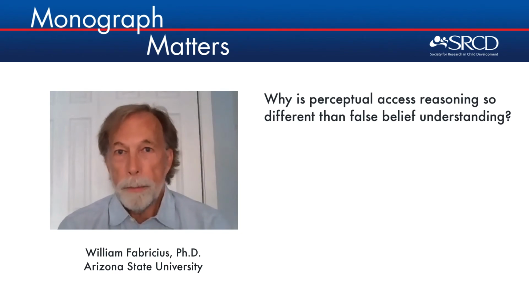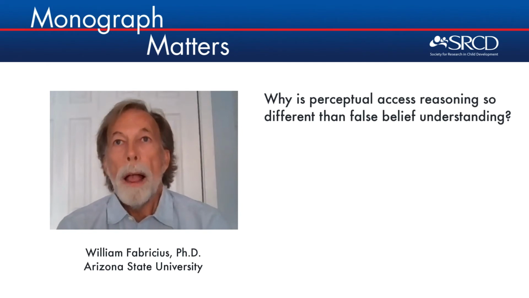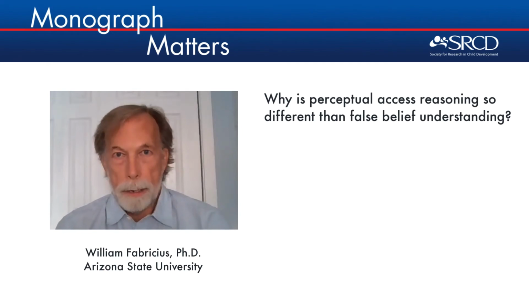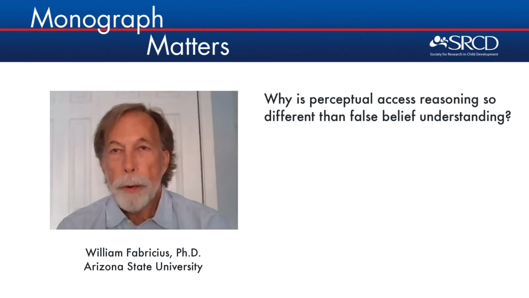So the theory of perceptual access reasoning is essentially a theory that children are not reasoning and understanding mental representations during the period of time when most of them pass the standard false belief tasks.